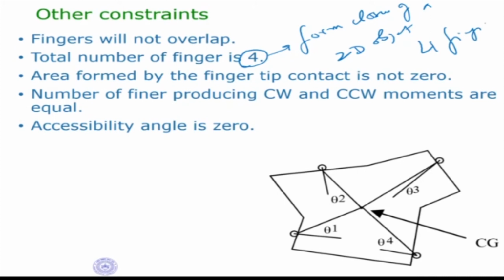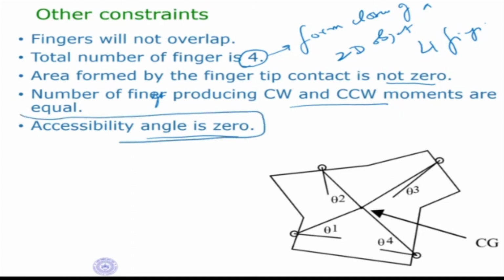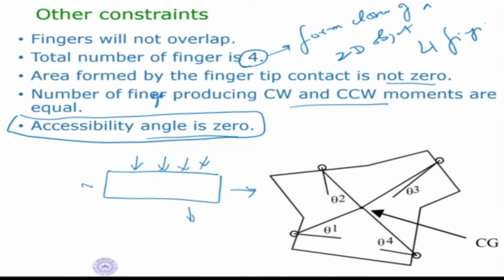Now the area formed by the fingertip contacts is not 0, the number of fingers producing clockwise and anti-clockwise moments are equal, and the accessibility angle is 0. What is this last one, which is very important for us here? Suppose I have an object like this and I place all the fingers here. What will happen? The object can go this side, this side, that side.